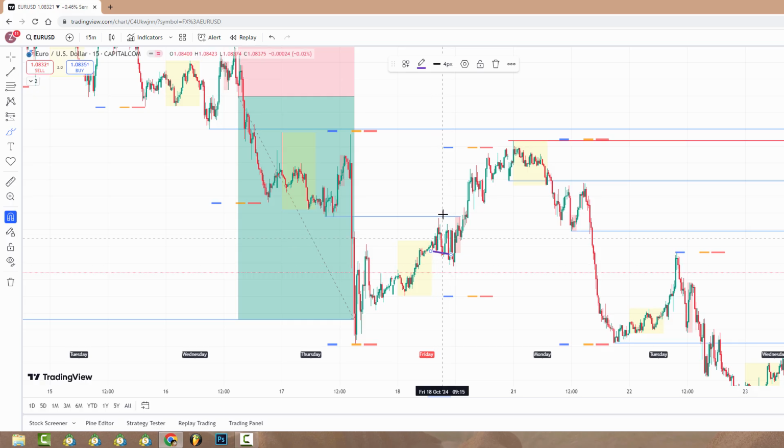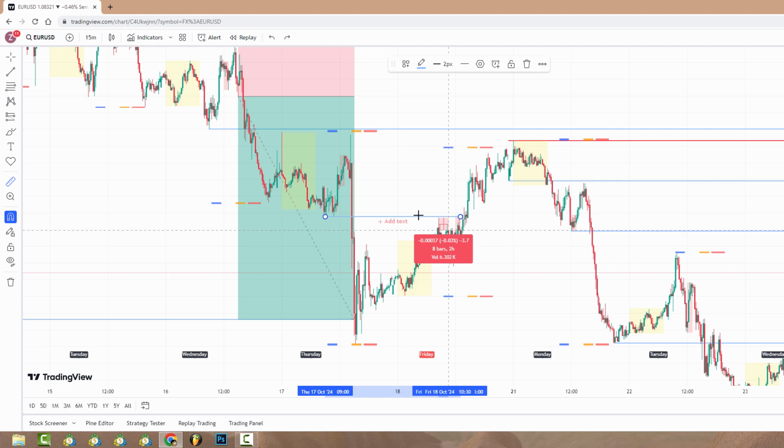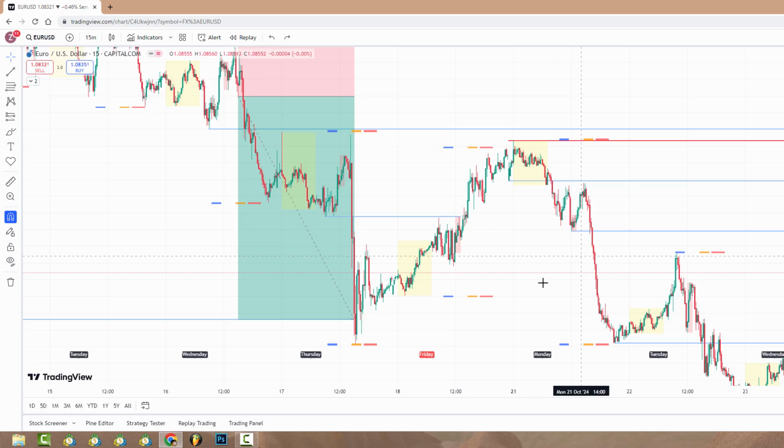Be careful when it doesn't tap it fully and it starts breaking lower. Watch out for that. Maybe look for some sort of extra confirmation, because these ones sometimes I get wrecked. You can see, for half a pip, which is crazy.